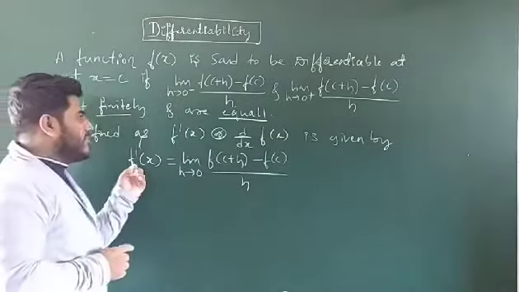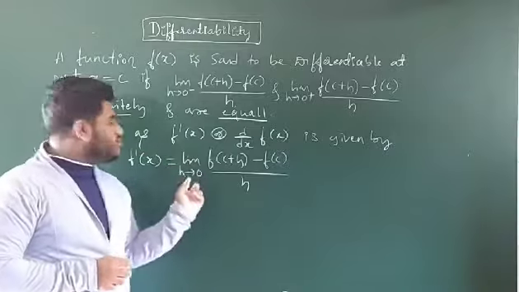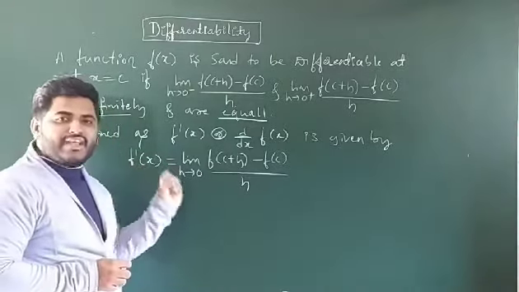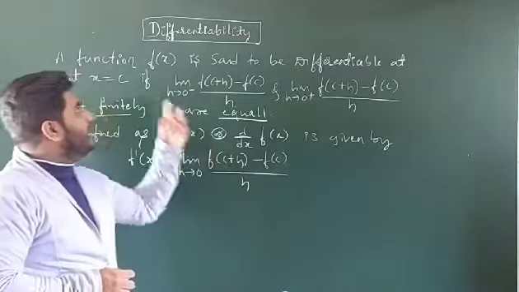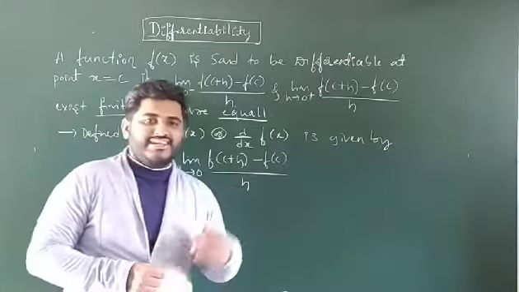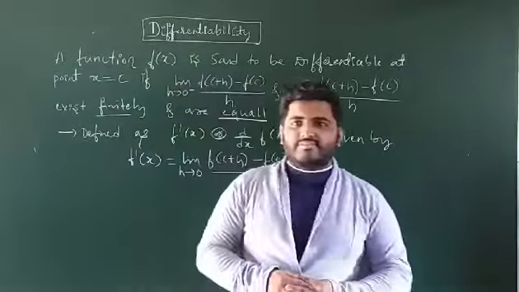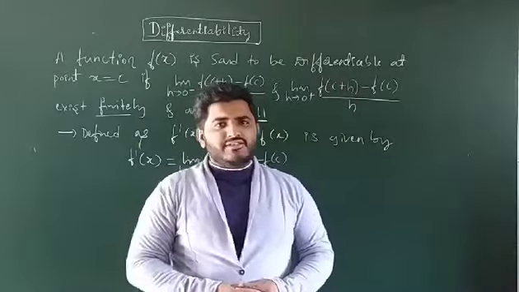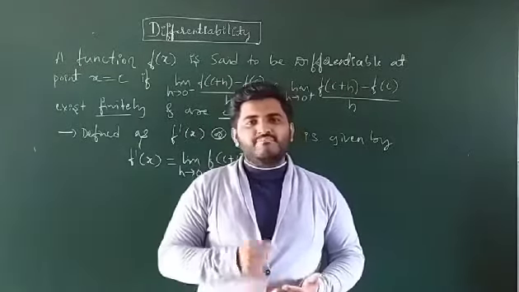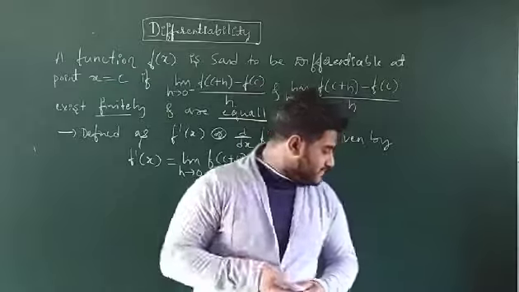So this f dash of x is the notation for the differentiation of f of x with respect to x. So this is the definition of a differentiable function, that is a derivative, right? Now we are going to study what are the basic properties of derivatives.